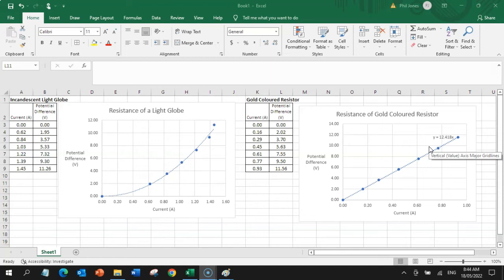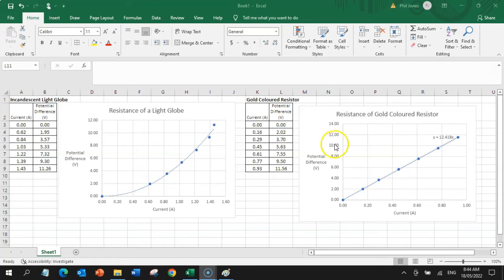That means that the resistance of this resistor is constant, and we would say that it has a resistance of 12.4 ohms. We can see that this obeys Ohm's law. That is, that the ratio of the voltage or the potential difference to the current is a constant.